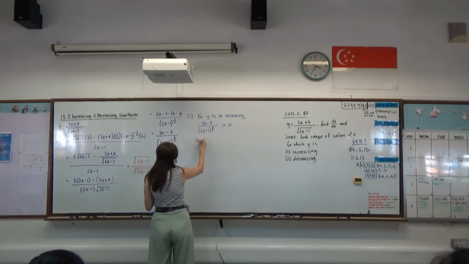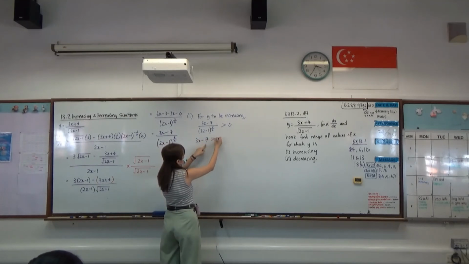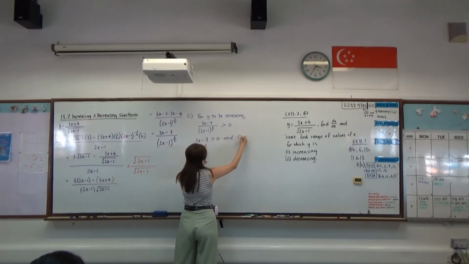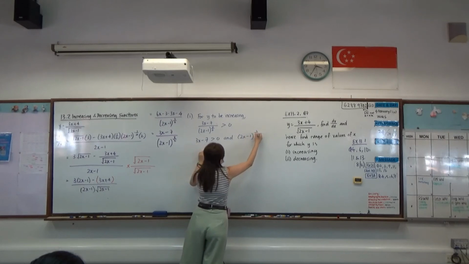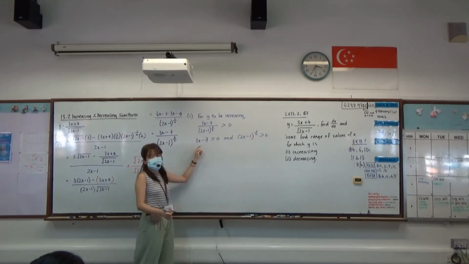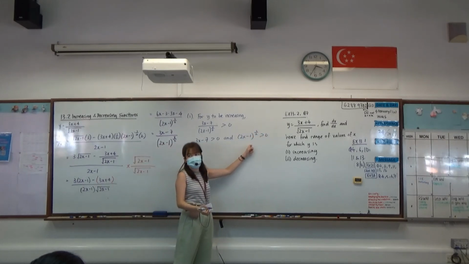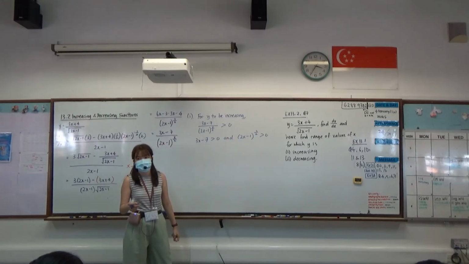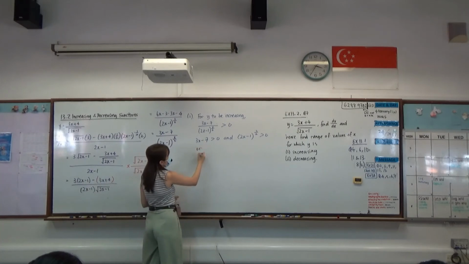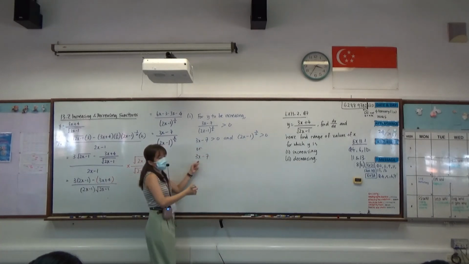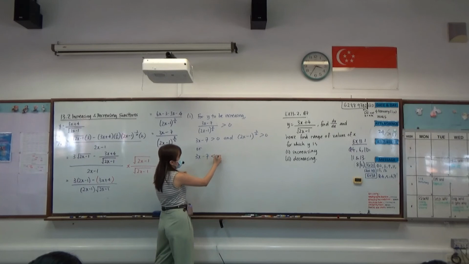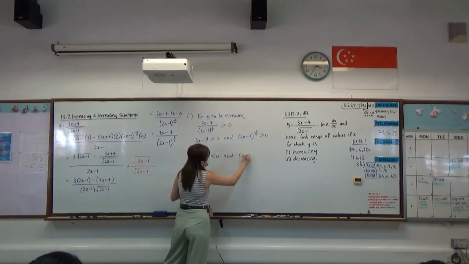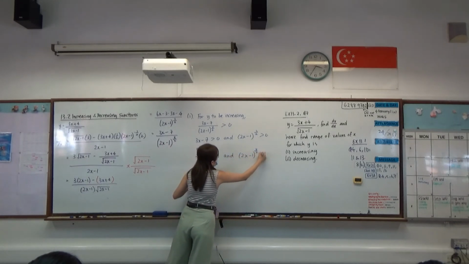One is such that 3x minus 7 is more than 0, and (2x minus 1) to the power of 3 over 2 is more than 0, because a positive number divided by a positive number will surely be positive. Or numerator to be negative and denominator to be negative.